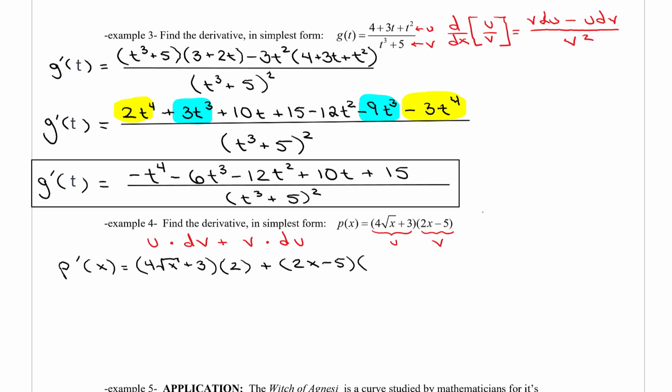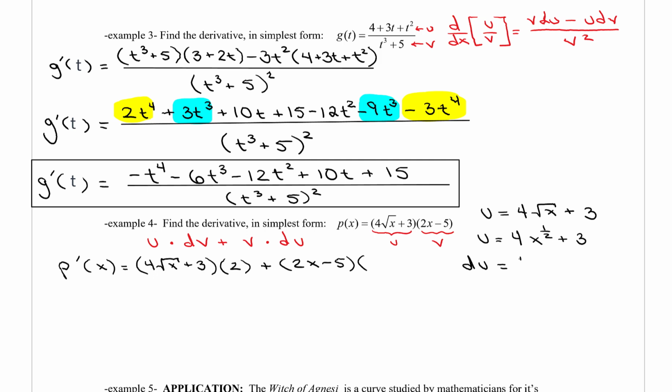this is the derivative of u, so I'm going to write over here on the right hand side, u equals 4 radical x plus 3, and then I'm going to rewrite that as u equals 4x raised to the 1/2 power, and then plus 3.